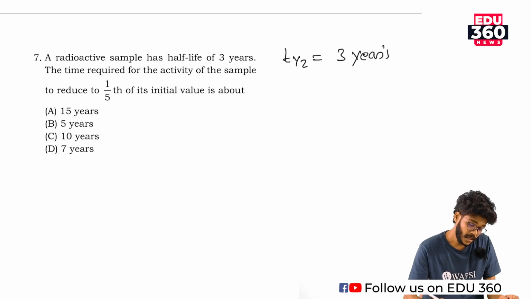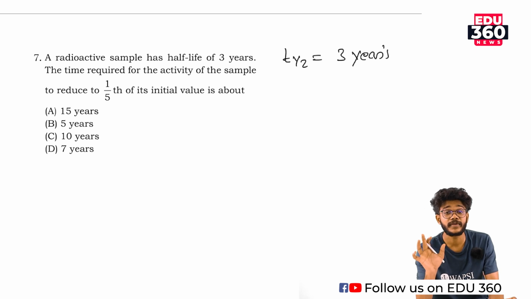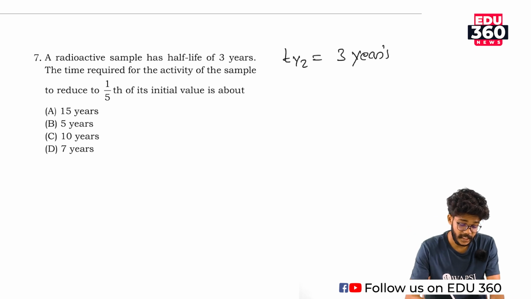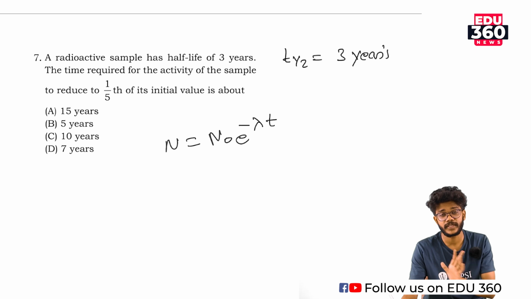So what is the basic principle here? That means the disintegration equation: N is equal to N0 e raised to minus lambda t, where lambda is a constant. First we need to find the value of lambda.